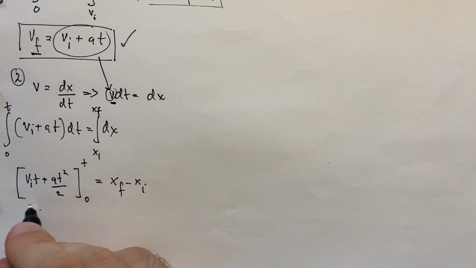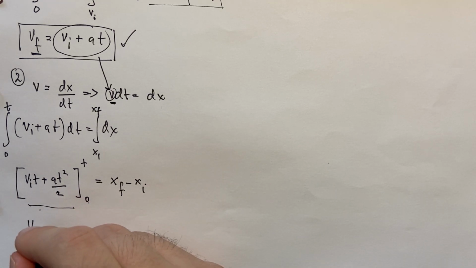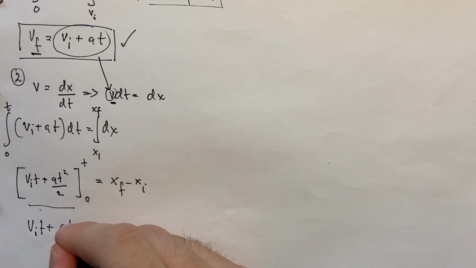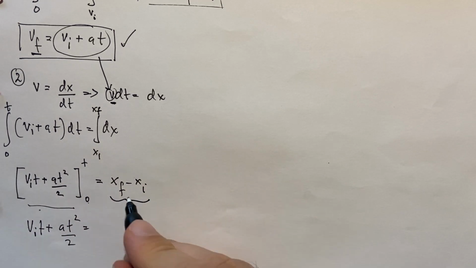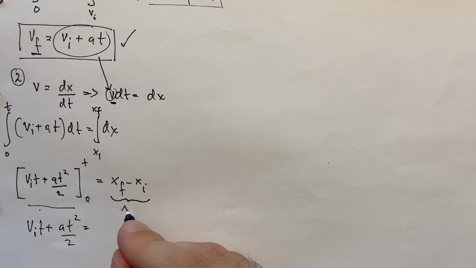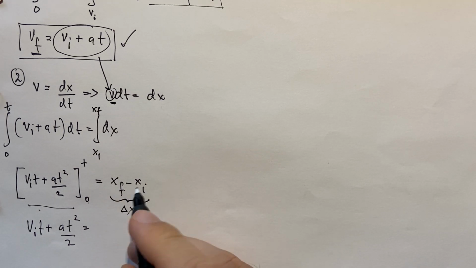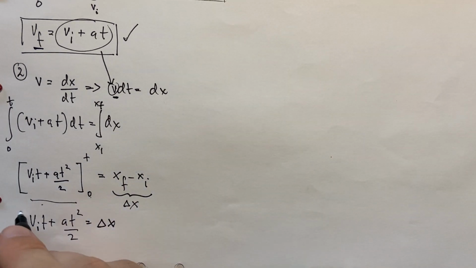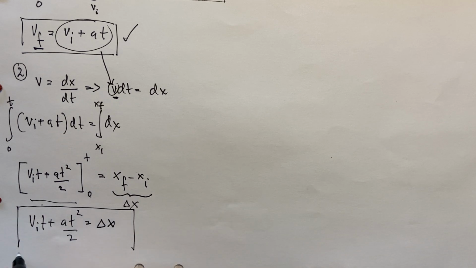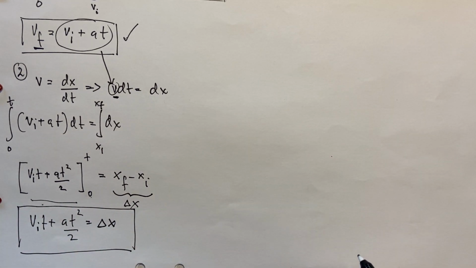And since the lower limit is 0, that's just vit plus at squared divided by 2 equals, well, that's just the displacement, right? Delta x, the final distance minus the initial distance. This, my friends, is the second equation of motion already provided here. So that's derived through calculus as well.